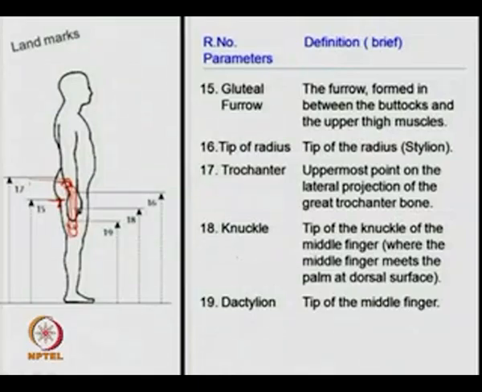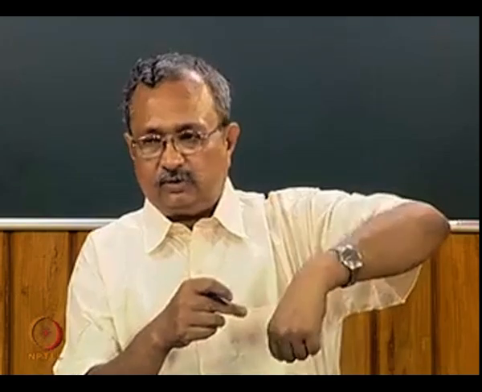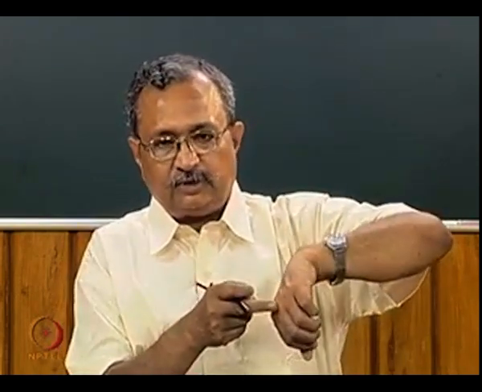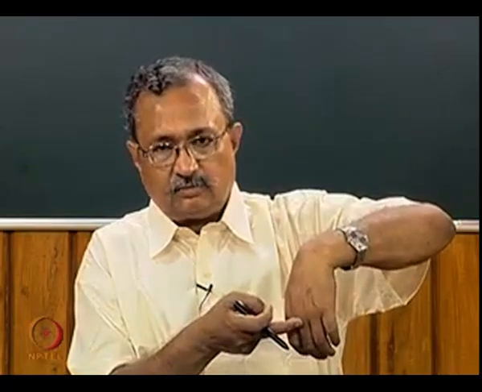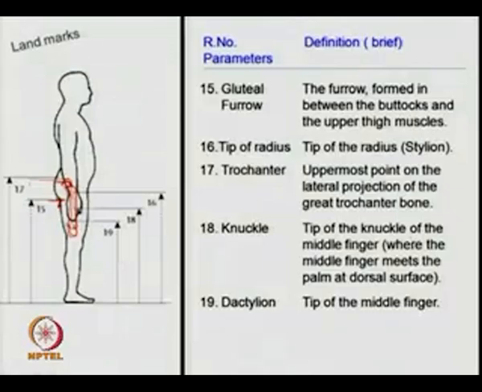Now, these are the knuckles. When we hang down our palm, the most prominent point is the tip of the knuckle of the middle finger, where the middle finger meets the palm at the dorsal surface.